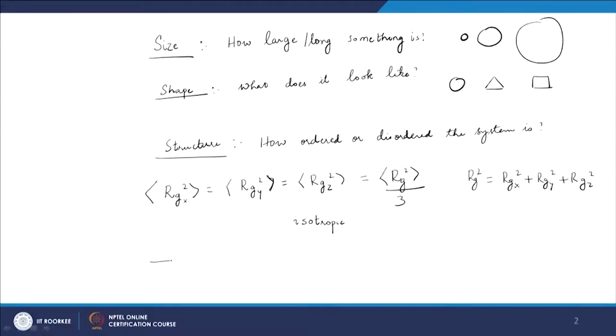For example, if we have a rod, which can be an approximation for a stiff chain, then it is clearly more elongated in one direction compared to others, and this must be taken care of when we are doing the analysis.